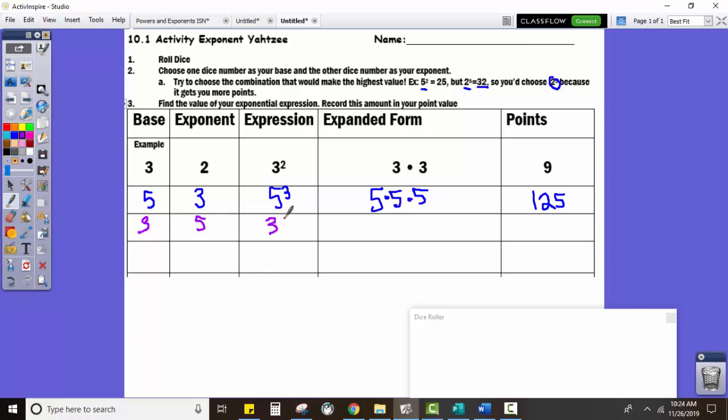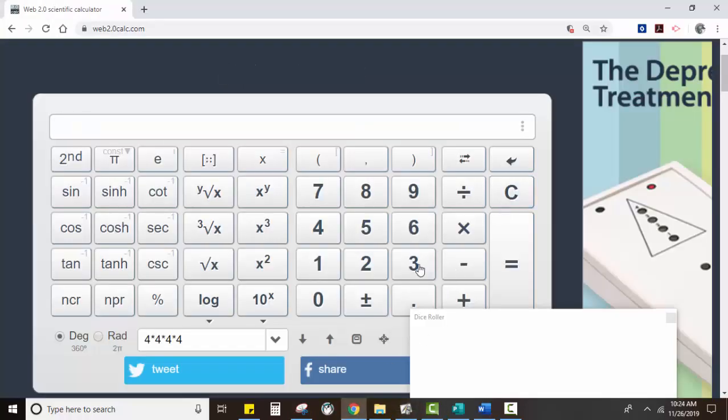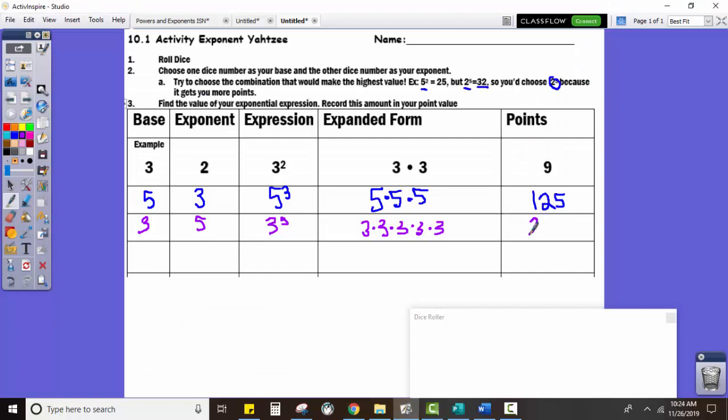So 3 to the fifth. Expanded form would be 3 times 3 times 3 times 3 times 3. And let's see what that gives me here. So 3 times 3 times 3 times 3 times 3, there's 1, 2, 3, 4, 5 of them, equals 243.